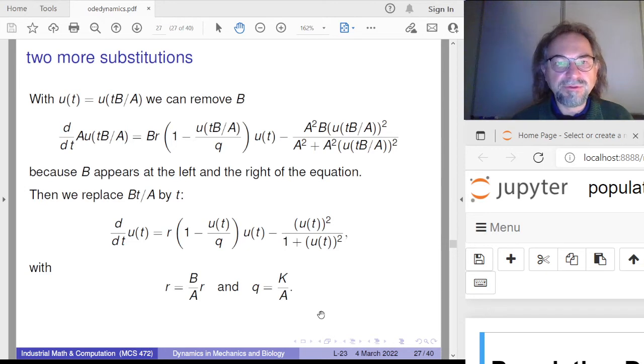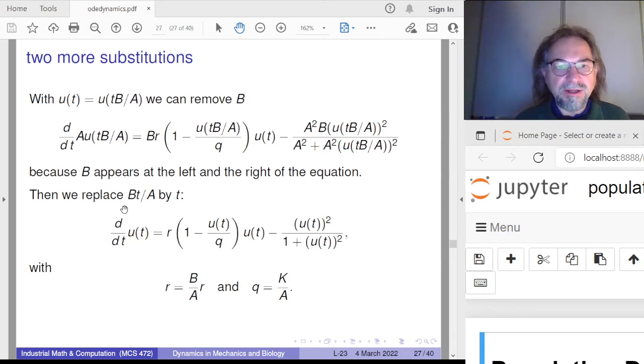Let's do the other substitution. If we do the other substitution, then you see that the B now appears at the left, and it will also appear at the right, so the B appears in both terms here. The A square is not yet cancelled. I probably should have removed it already.